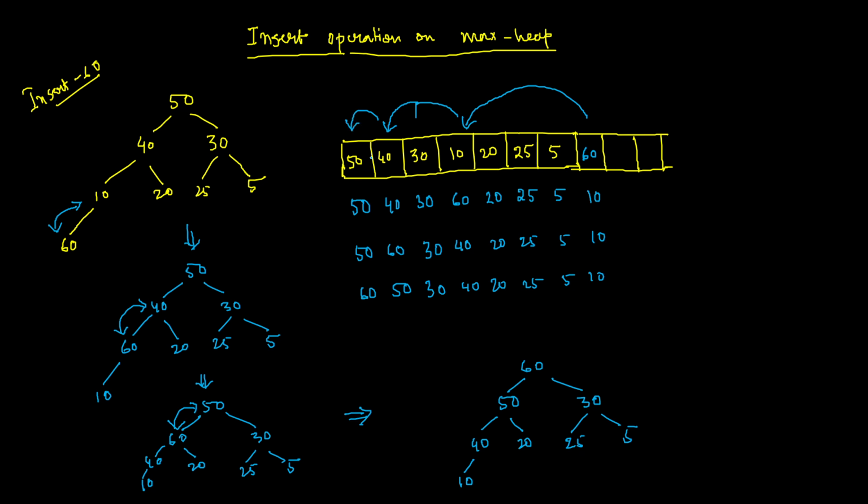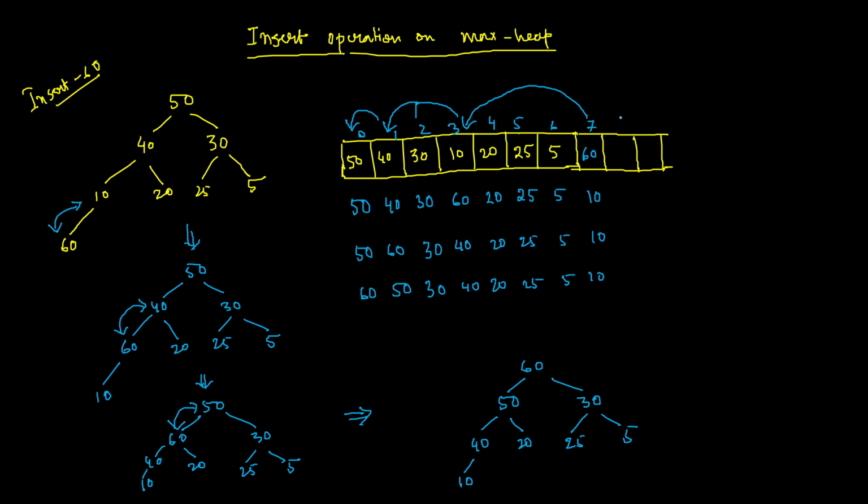Now if you just consider the index values, it was 0, 1, 2, 3, 4, 5, 6, 7, right?